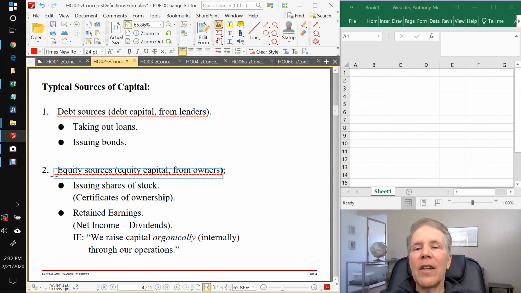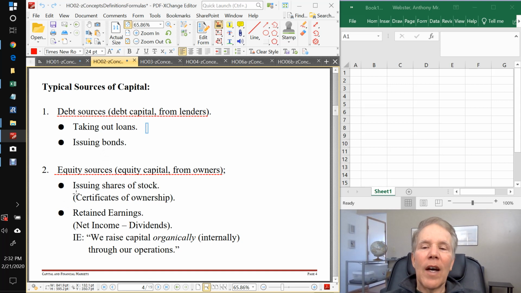So debt capital is some contractual type of thing where you're taking out a loan or you're issuing a bond, in either case a contract specifying the cash flows that you have to issue in the future for getting a bunch of cash now. And equity sources, issuing shares of stock, that's increasing the size of the ownership club of our entity.